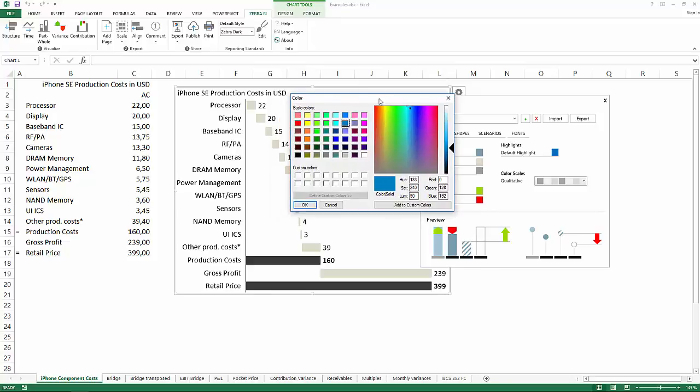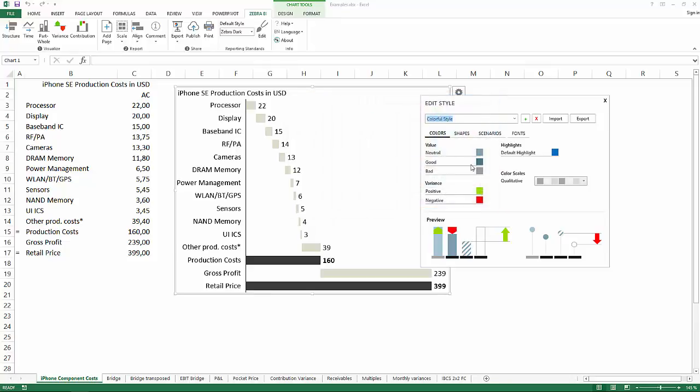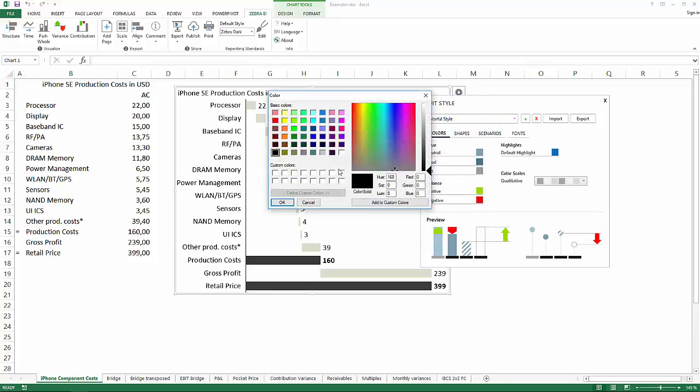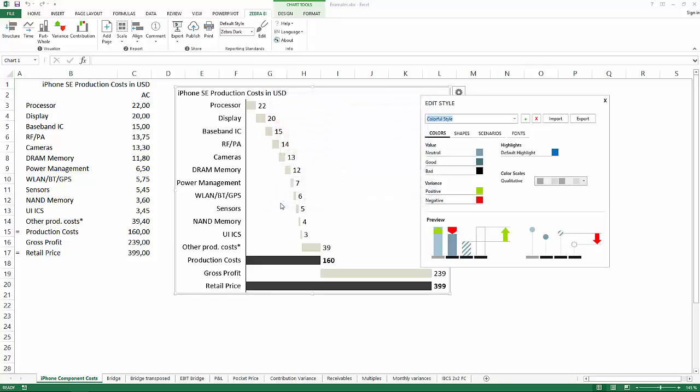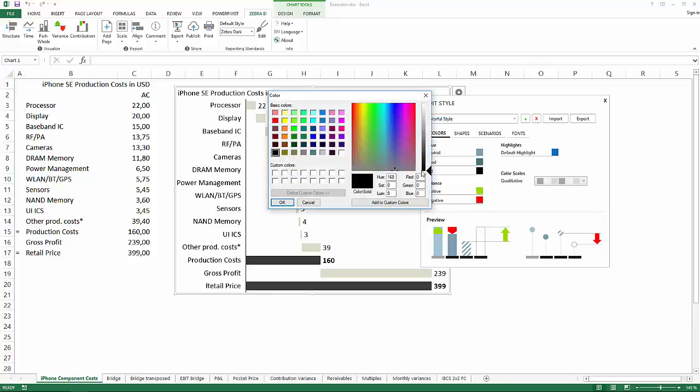Usually it's good to have the same or similar color for good elements, and for bad elements I like to actually use the black color. Now I have three colors plus the variances. If this would be the variance, the growth from previous year, then it would be red and green. And of course you can also change this specific green and red.